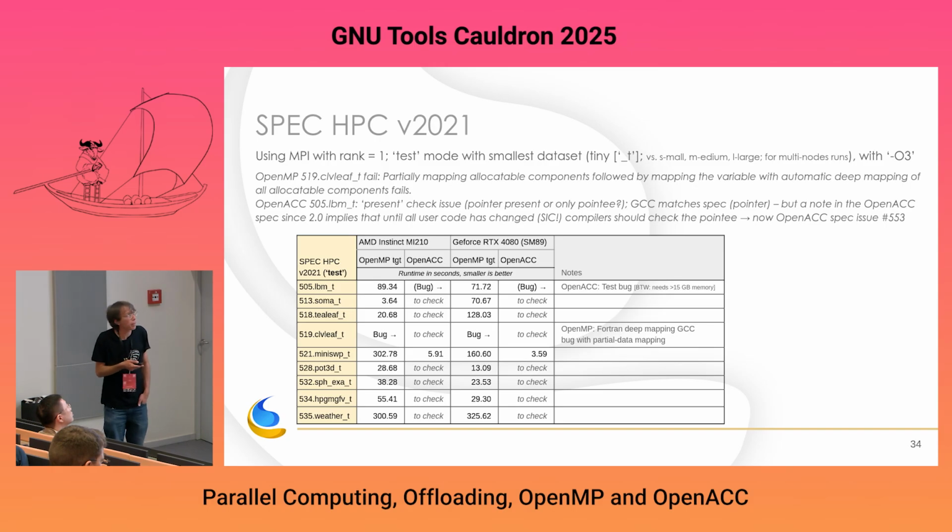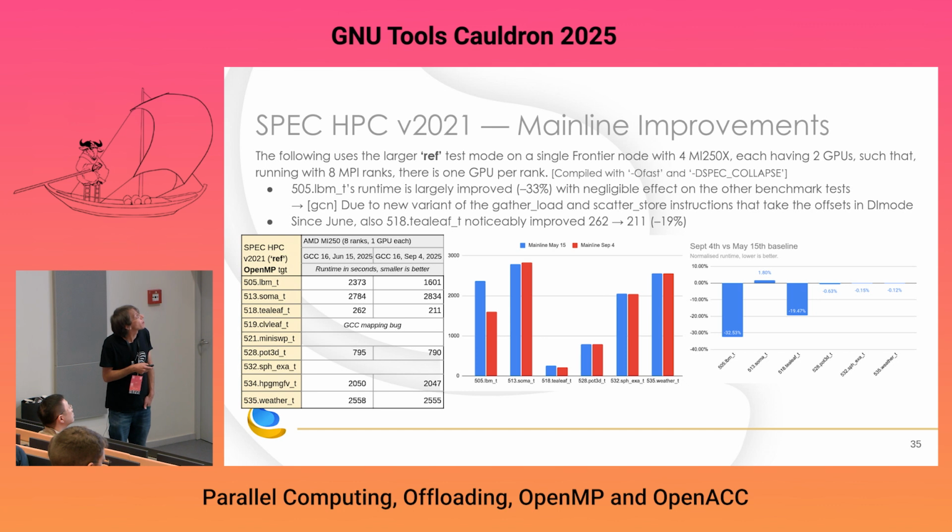So that's a bit of work on the spec side and still to see, and for the others one has to check. Getting some real data, so that's OpenMP only. That's now the ref, still the tiny mode, but on a ref data set, and run with 8 MPI ranks and 1 GPU, or kind of 1 GPU hardware-wise, it's 4 sockets also a system, but on Frontier, and compared with June to September, the graph on the right-hand side you saw before, the other one are the full ones.